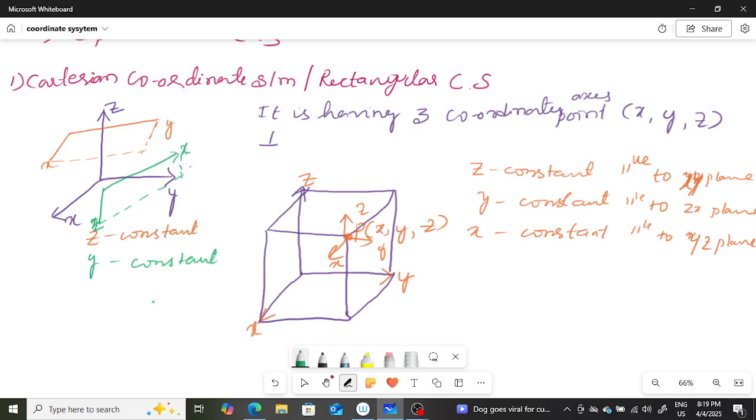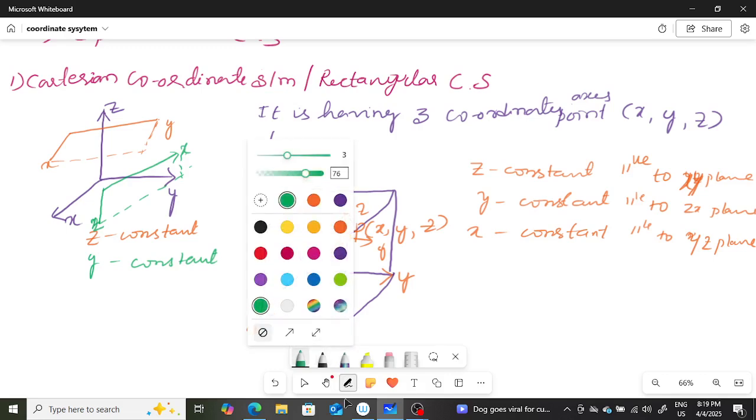Okay. Next, the third is the X constant plane.